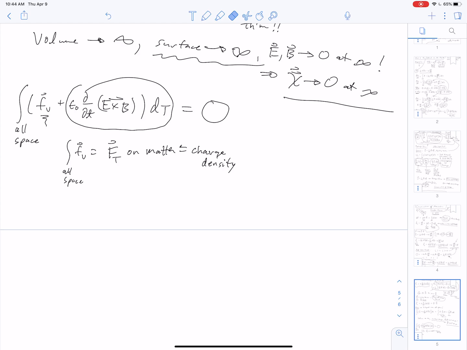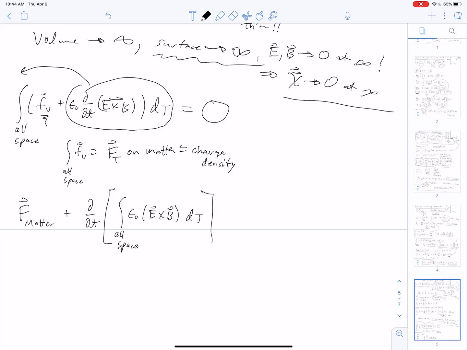I can write this as the force on the matter, plus d/dt, and I can take the derivative out of the integral, so I can write that as d/dt of the integral over all space of epsilon naught E cross B d tau, and I see that now this whole quantity is 0.